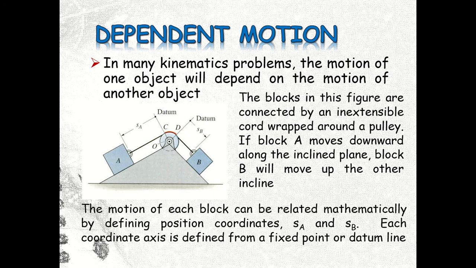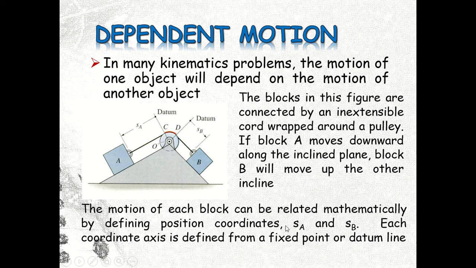So the motion of each block can be related mathematically by defining position coordinates. Here we are mentioning position coordinates again, the one that we mentioned in our topic on relative motion. You just recall that class. Now, what does it mean?